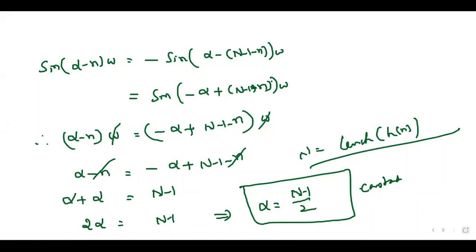Now from this, what we can say is, for the linear phase FIR filter, TP and TG both are constants.